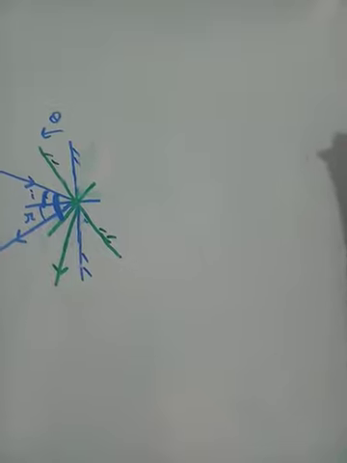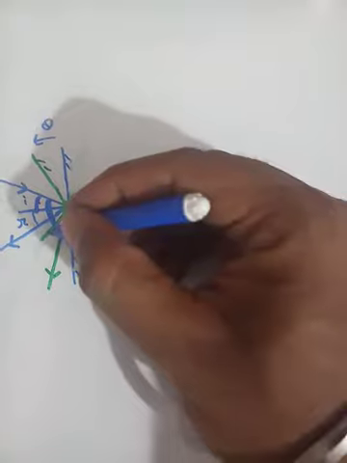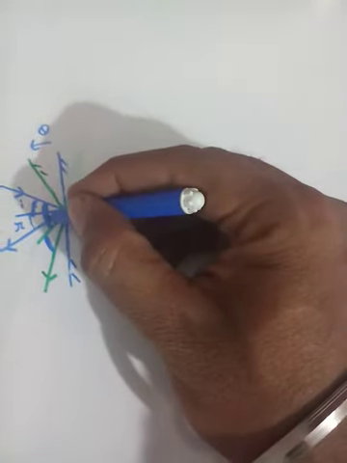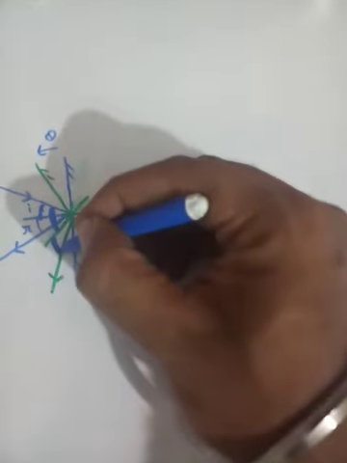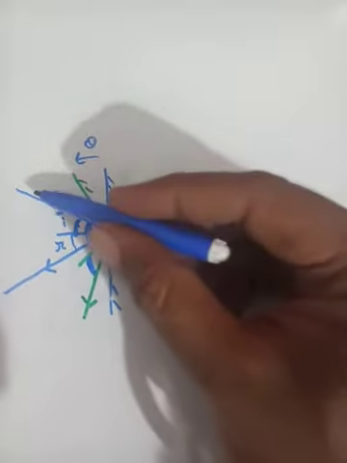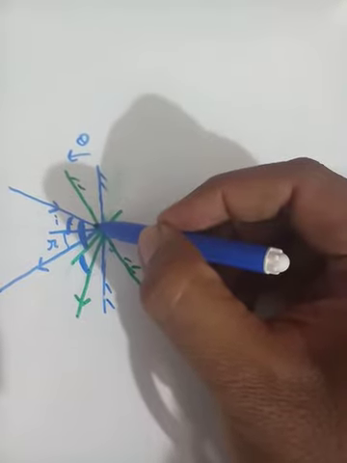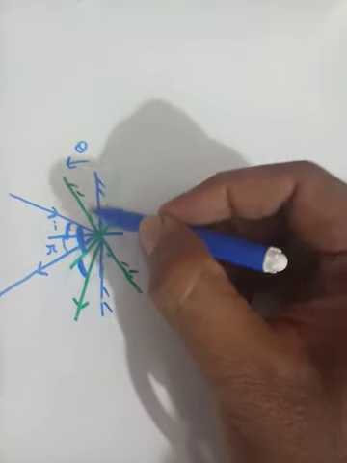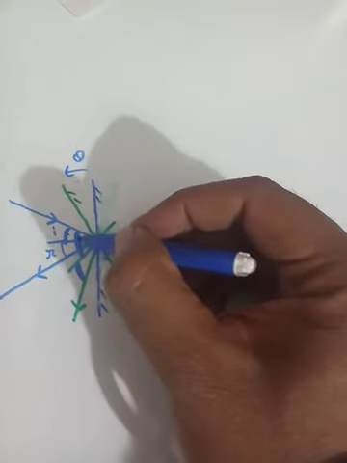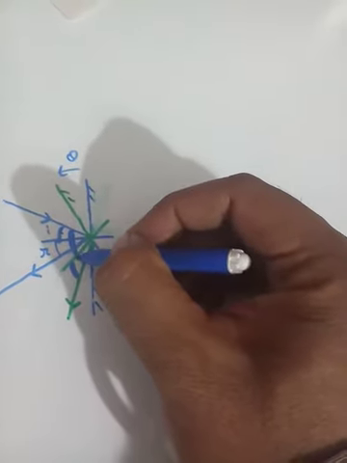And what about the angle of reflection? This will be the angle of reflection. And you know, angle of incidence is always equal to angle of reflection. So incident ray, the path remains same. Mirror is turned by angle theta. Normal also turns by angle theta.